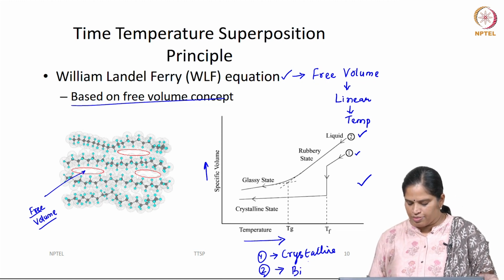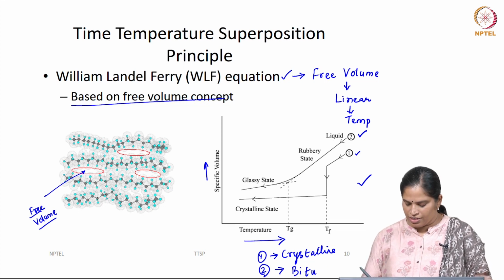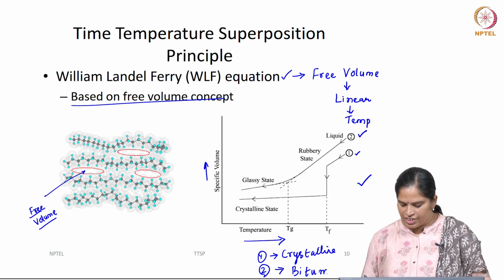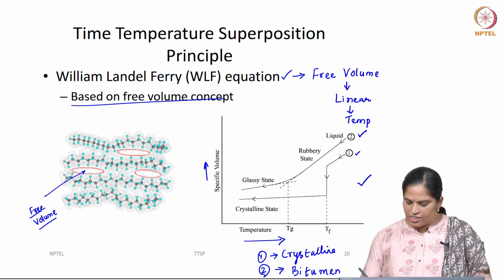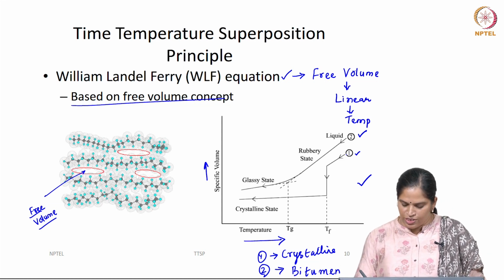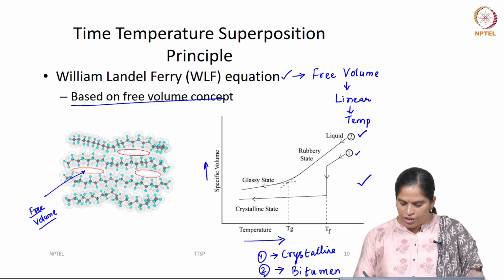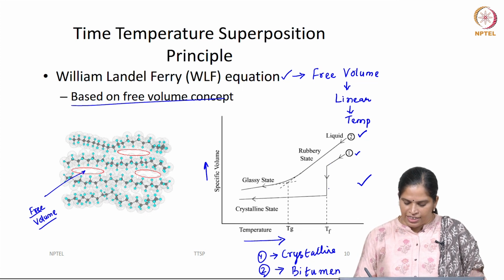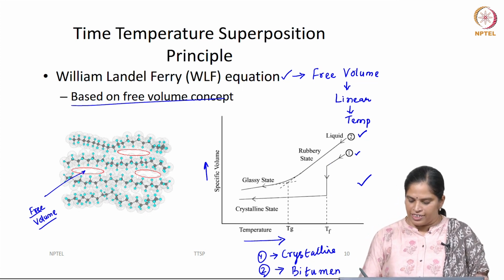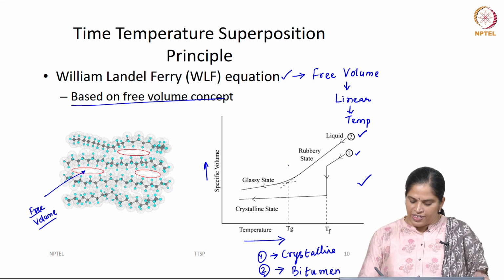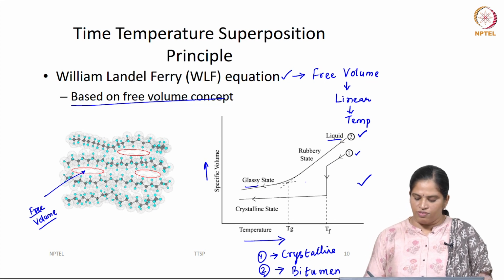Bitumen behaves as an amorphous material, so let us consider bitumen. See what the difference is: you can see a decrease in free volume as the temperature goes down. In a crystalline material the decrease happens all of a sudden, but in an amorphous material there is a rubbery behavior between the liquid and glassy state. So, it is a gradual decrease in free volume.